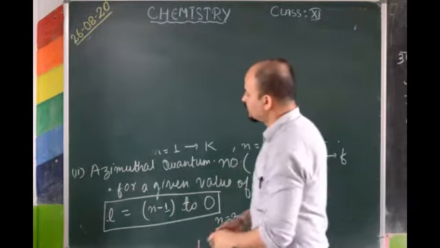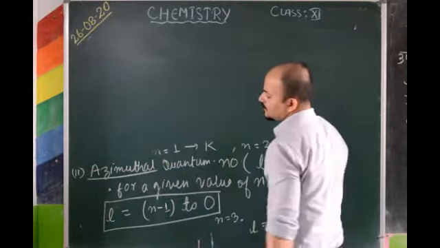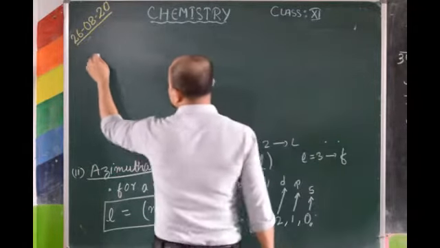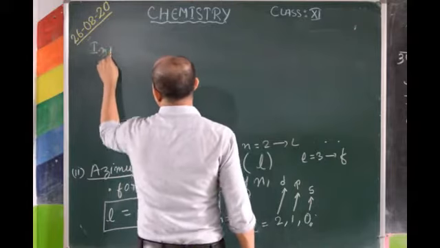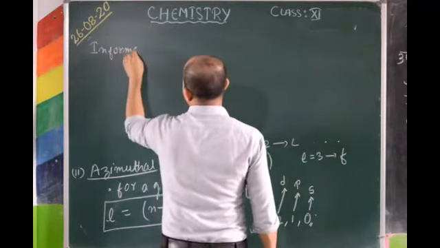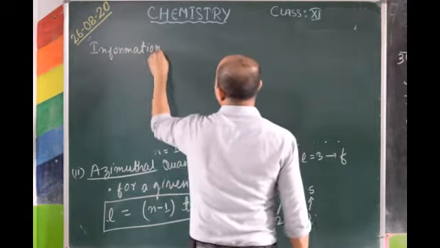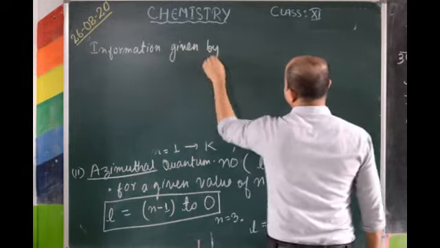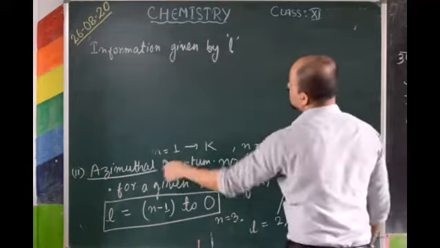So here we are discussing the second quantum number, that is the azimuthal quantum number. I told you it gives you information given by L. L is the azimuthal quantum number.